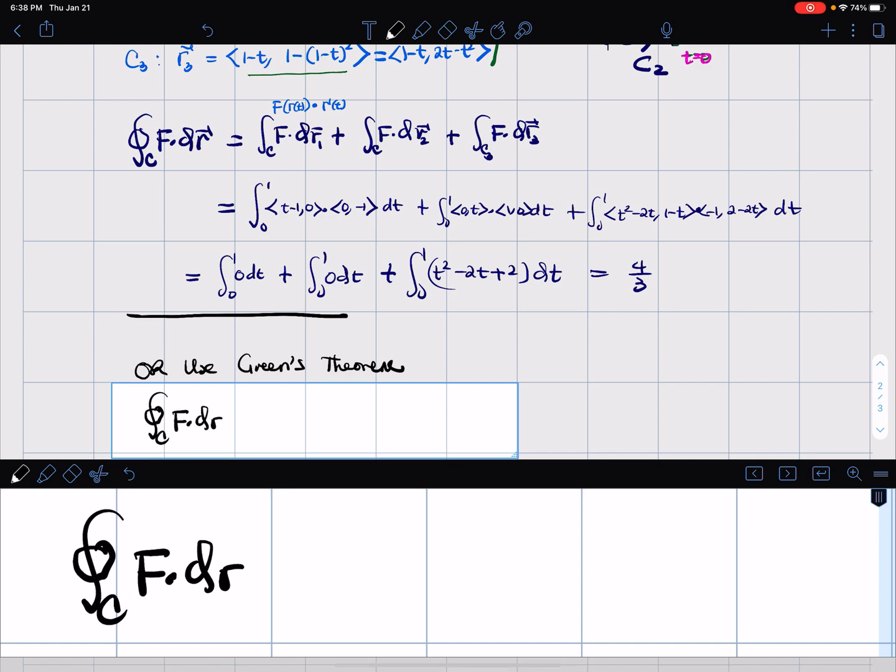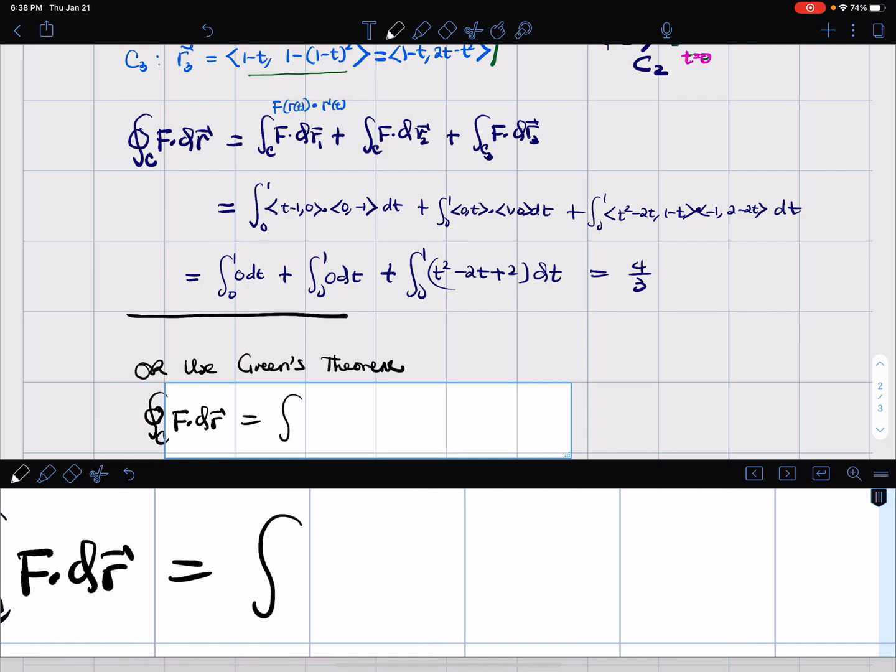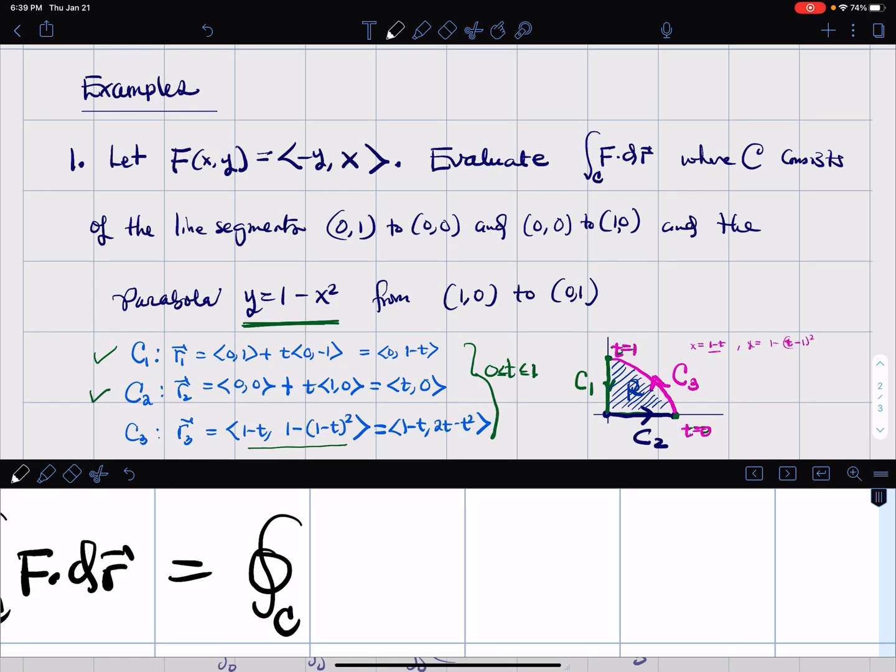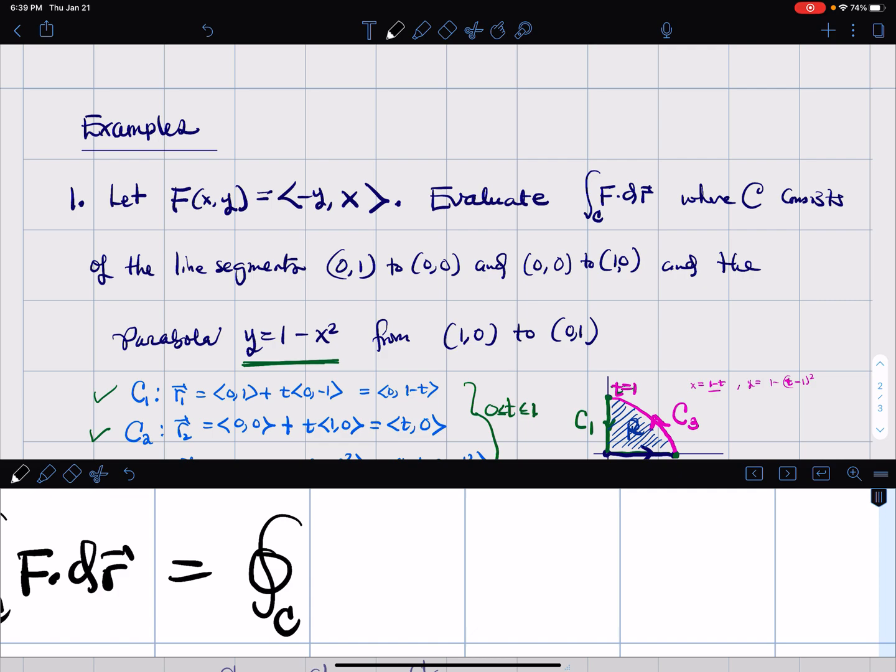F dot dr now would be the integral over C. To use Green's theorem, you want to express it in terms of F dx plus G dy, all right? So let's look at our F. F is negative y, and G is x.